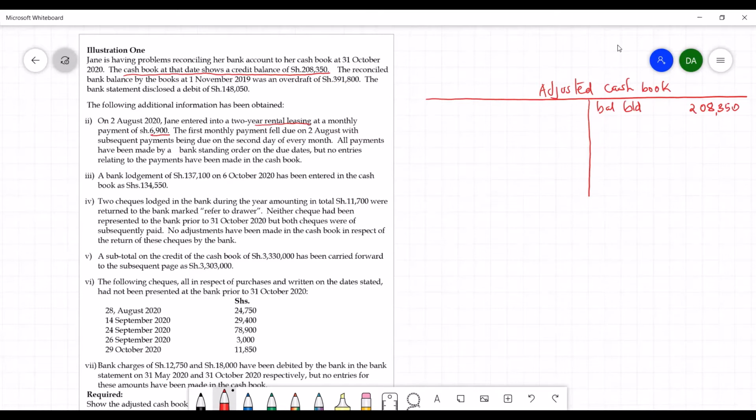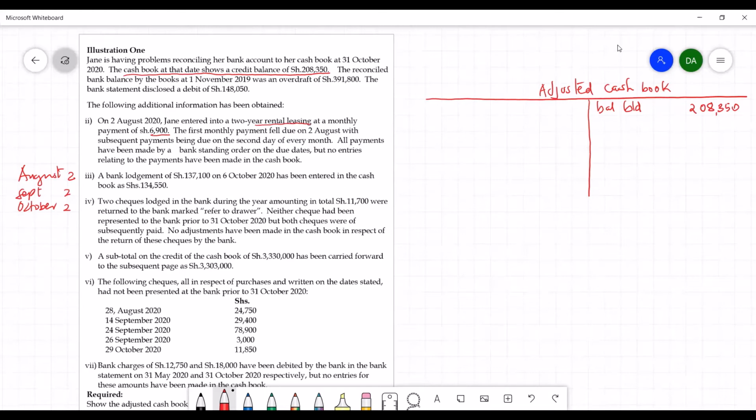So the first payment should be August, another payment in September, another in October: 2nd of August, 2nd of September, and 2nd of October. Those are 3 payments because the year is ending on 31st October for this particular company. So by 31st October, 3 payments shall have been made.